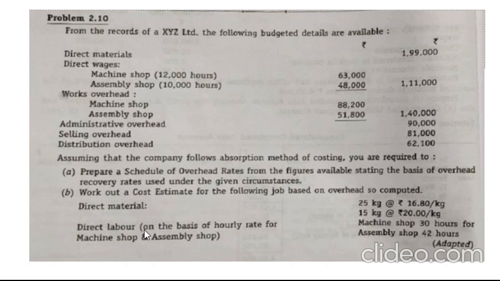For labor, they have given the number of hours each shop is working, and you need to find out the cost for 1 hour. Based on that you will do the calculation. So this is the budgeted data which is given. Based on this you will be preparing your estimated cost sheet. So now let us get into the calculation.